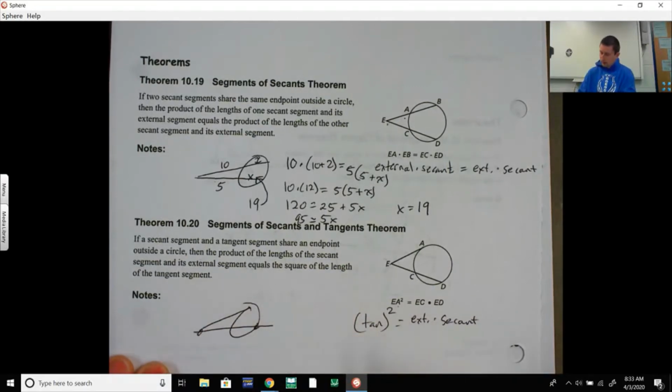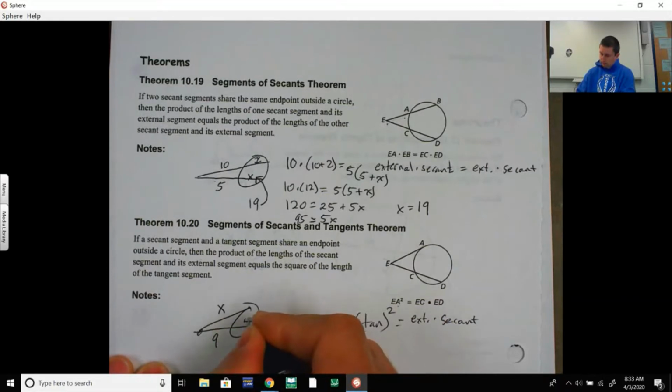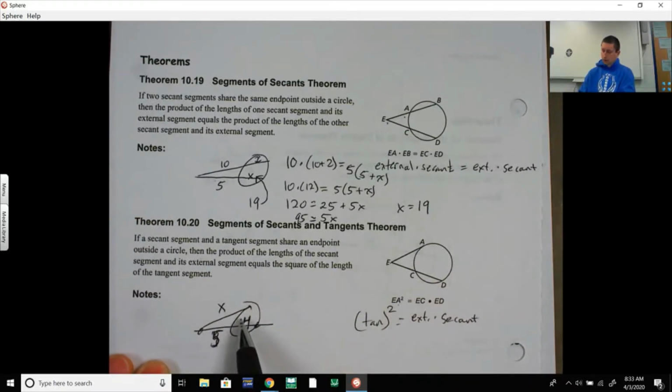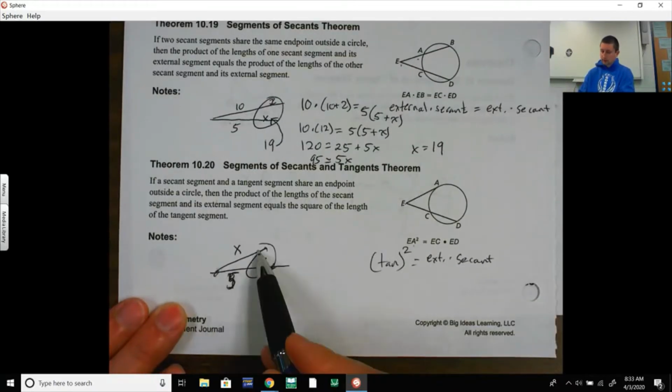Let's say this is x over here. We don't know what that one is, but we do know this is 9 and this is, let's say, hang on. Let's say this is 5 and this is 4. Okay, so we have a circle. Here's our tangent segment x. We don't know how long that is.